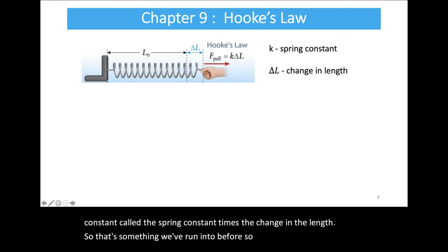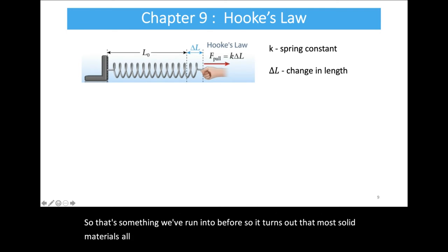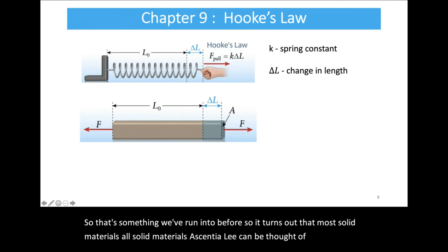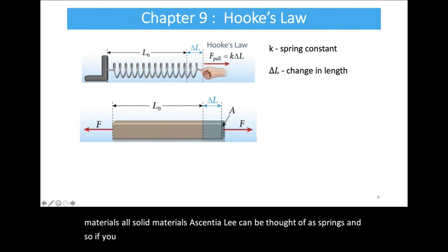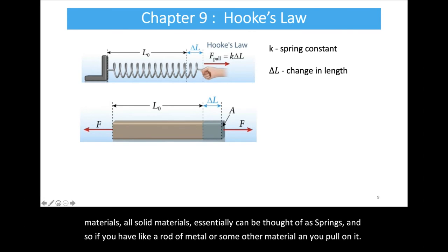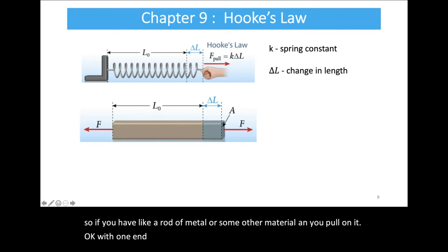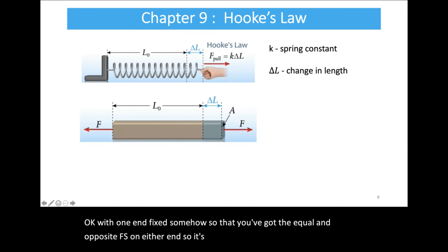It turns out that essentially all solid materials can be thought of as springs. If you have a rod of metal or some other material and you pull on it, with one end fixed somehow so that you've got equal and opposite F's on either end, so it's not accelerating, it's at rest, you can cause it to stretch.